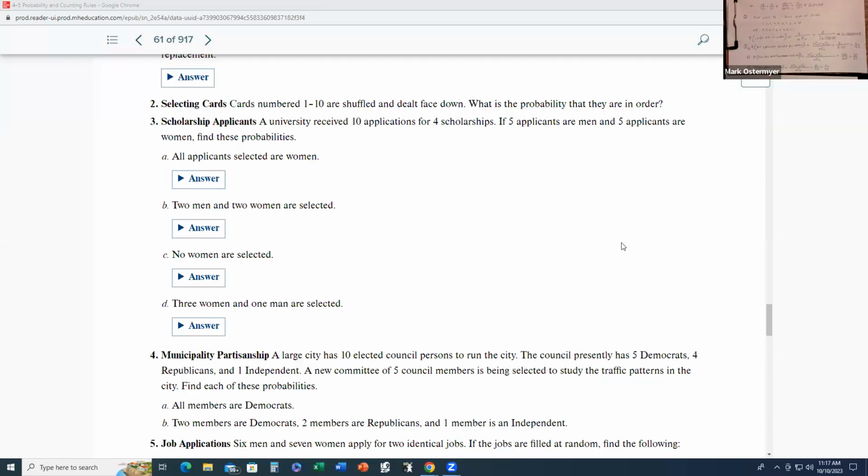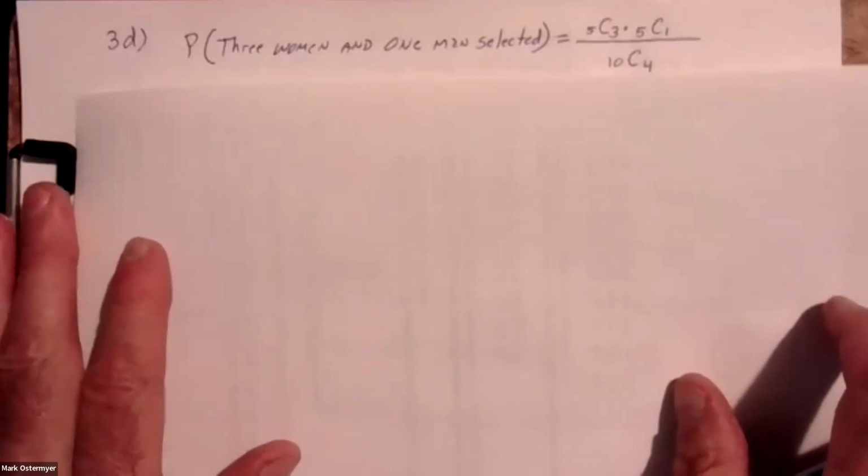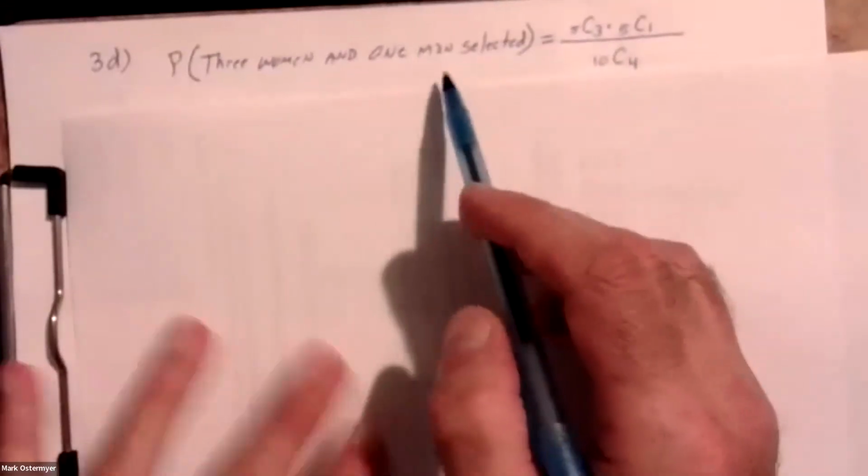Now for D, what's the probability of selecting 3 women and 1 man? Right, so the probability of selecting 3 women and 1 man is going to be equal to the number of ways of selecting 3 women from 5 women, where order does not matter.